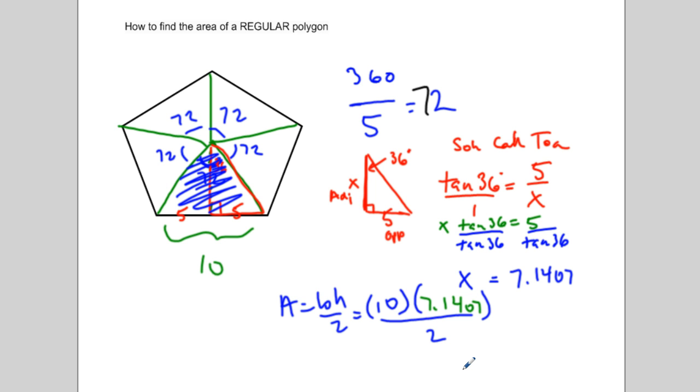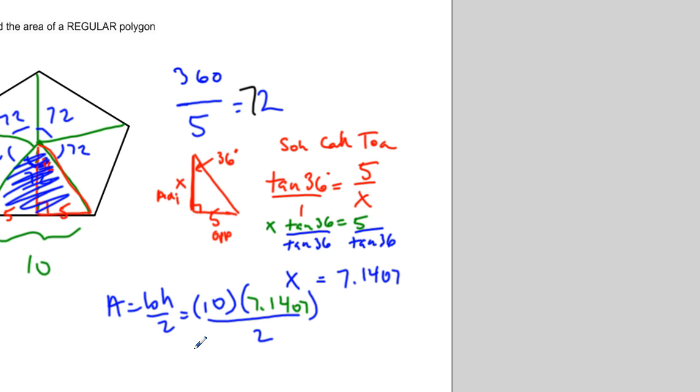You punch that into your calculator and see what you get. I believe you're going to get 35.7, I'm sorry, 35.704 if I round, something like that. So this is the area of that triangle, this blue shaded triangle right there.